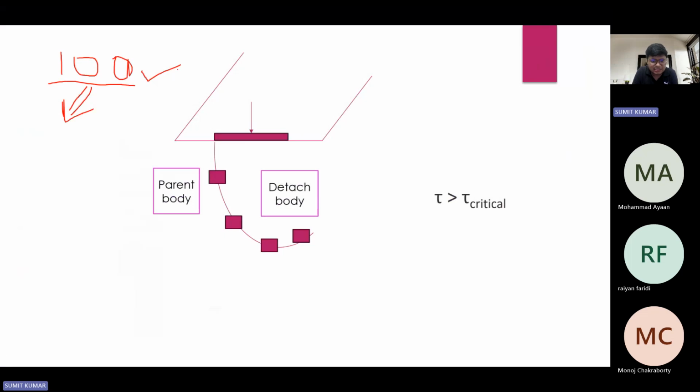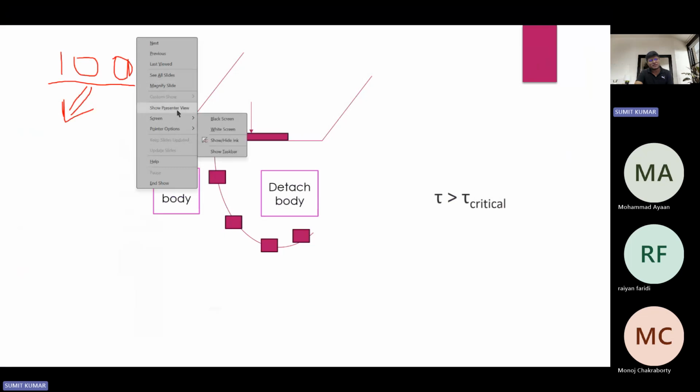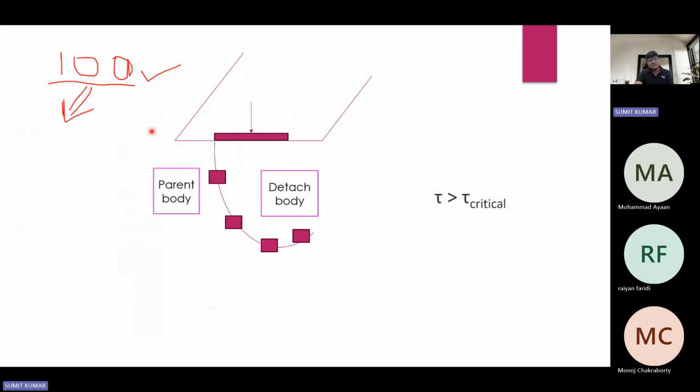Over here, the example of parent body and the detached body is shown. So the parent body means that the whole soil section is present at one point of time, like this. This is in the direction of the screen of the laptop or mobile, wherever you are seeing this lecture.